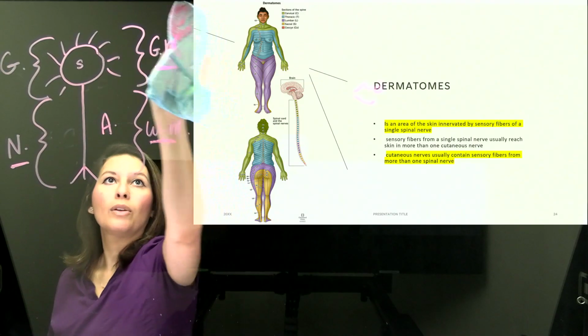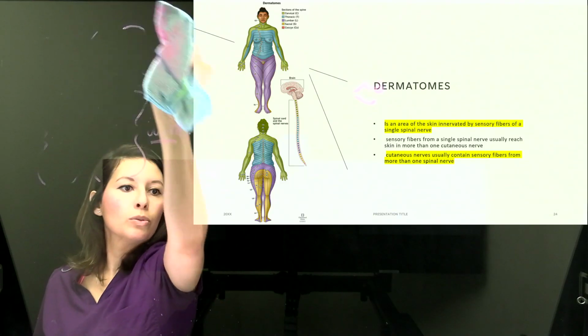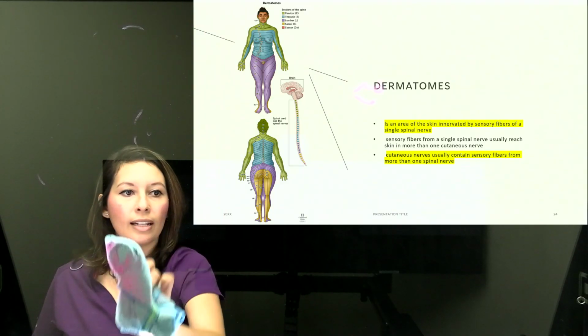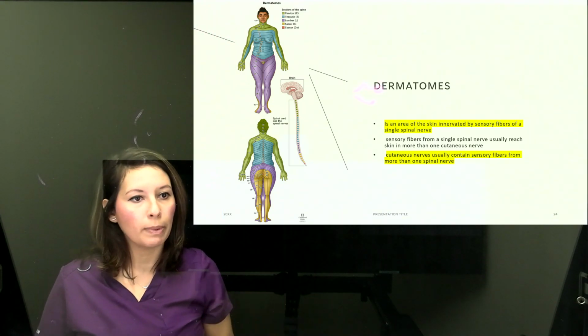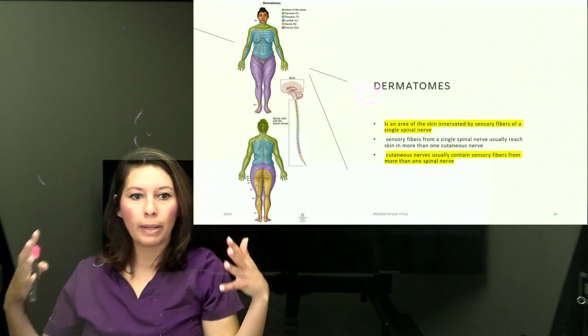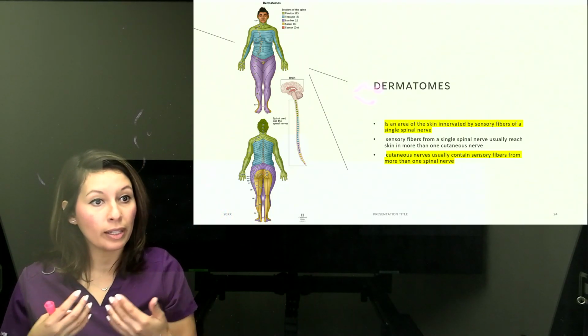Another very important thing we have to discuss is the dermatomes, right? A dermatome is an area of skin that is innervated by the sensory fibers of a single spinal nerve, based on where those spinal nerves pass by to innervate that cutaneous area. That's why it's called derma.